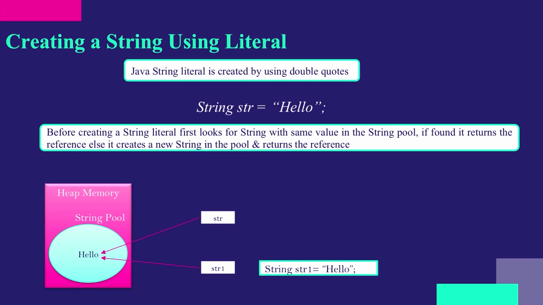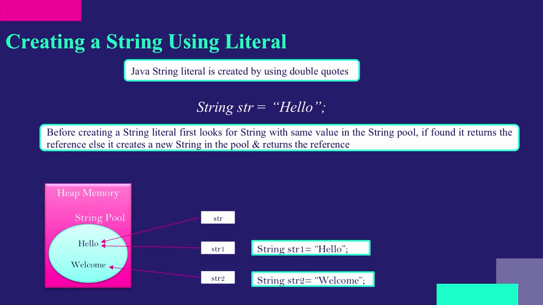So literals are created once. Same way, when I say String str2 is welcome, welcome is not there in the string pool, so a new string welcome will be created to which str2 will point.